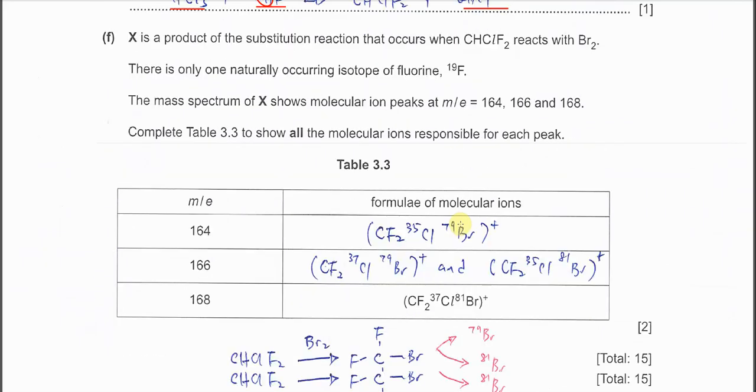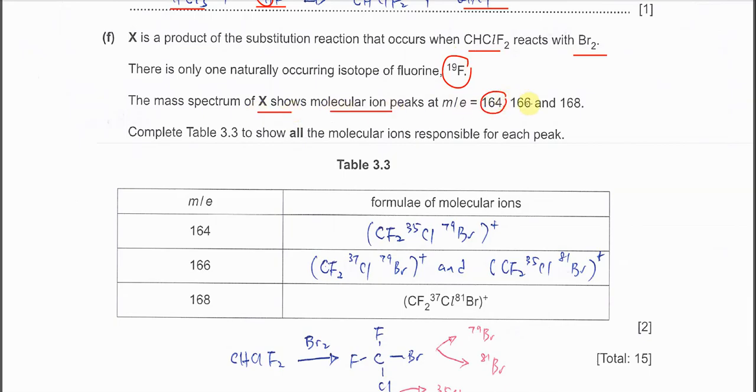Okay, part F, this is the MS question. X is a product of a substitution that occurs when CHClF2 reacts with bromine. Fluorine has just one isotope, fluorine 19. The mass spectrum of X shows molecular ions at 164, 166, 168.